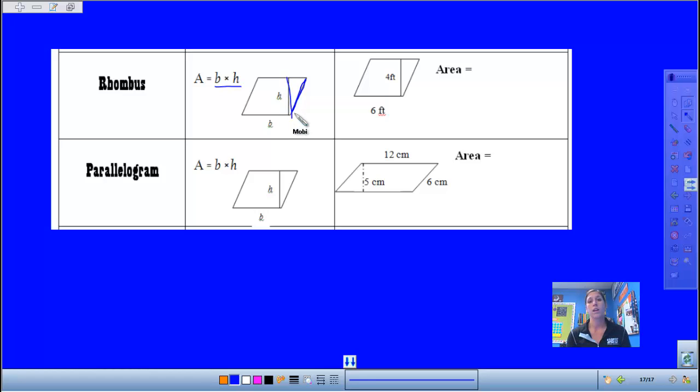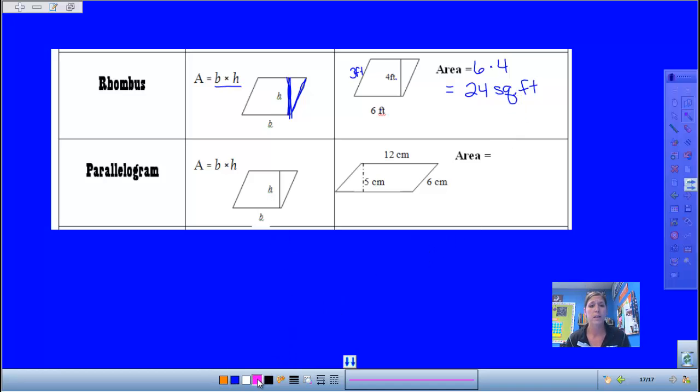You stand as tall as you can, straight up and down. So the height is always right here. They might try to trick you and put another number over here, like 3 feet. Make sure you do not use that for your height. So for this example, the rhombus area would be the base times the height, which would be 6 times 4, and we know that will equal 24 square feet. Again, remember that important label.